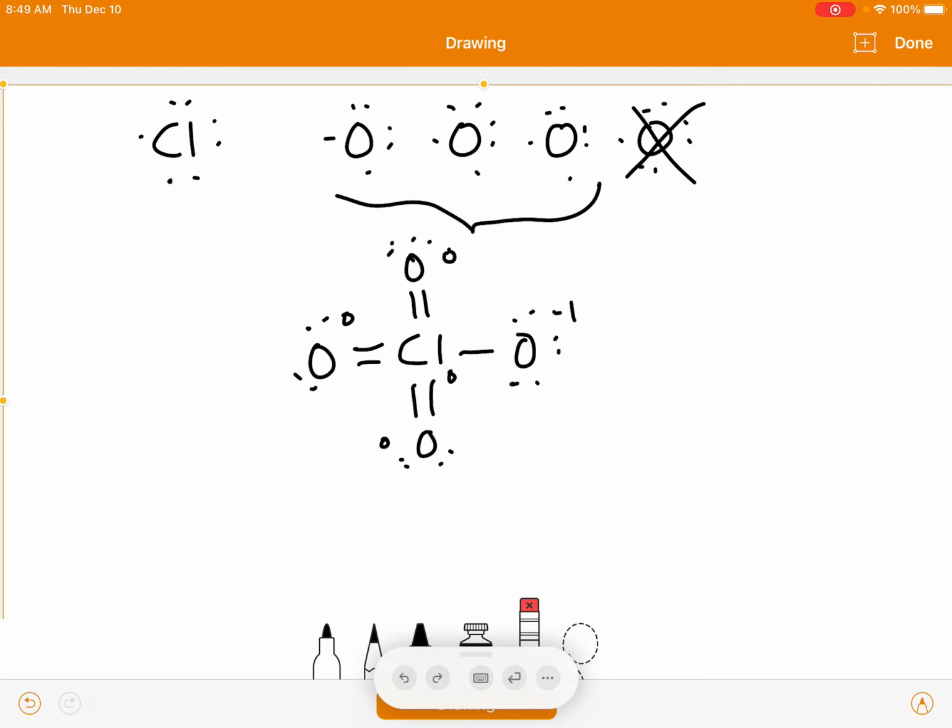Well, if I had done coordinate covalent bonds here, the chlorine would have had a +3 charge, and then each of these oxygens over here would have had a -1 charge, which would still add up to be -1 overall, but the formal charges would not have as many zeros. So once again, just like the last one, we have 4 groups, so I'm going to work out my tetrahedral structure.